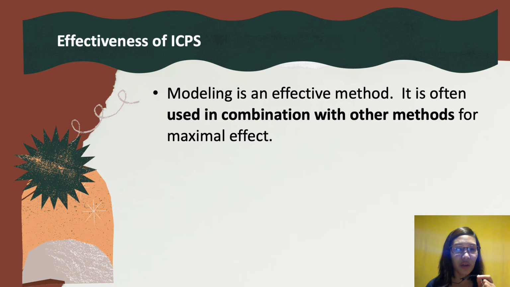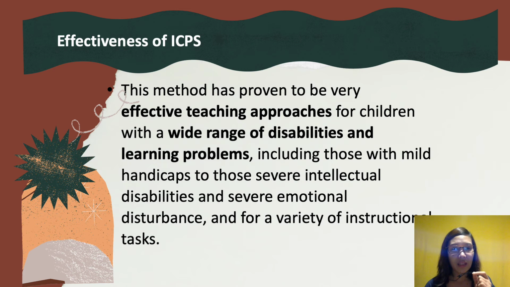According here, modeling is an effective method in ICPS. It is often used in combination with other methods for maximal effect. This method has proven to be very effective teaching approaches for children with a wide range of disabilities and learning problems, including those with mild handicaps to those with severe intellectual disability and severe emotional disturbance for a variety of instructional tasks.